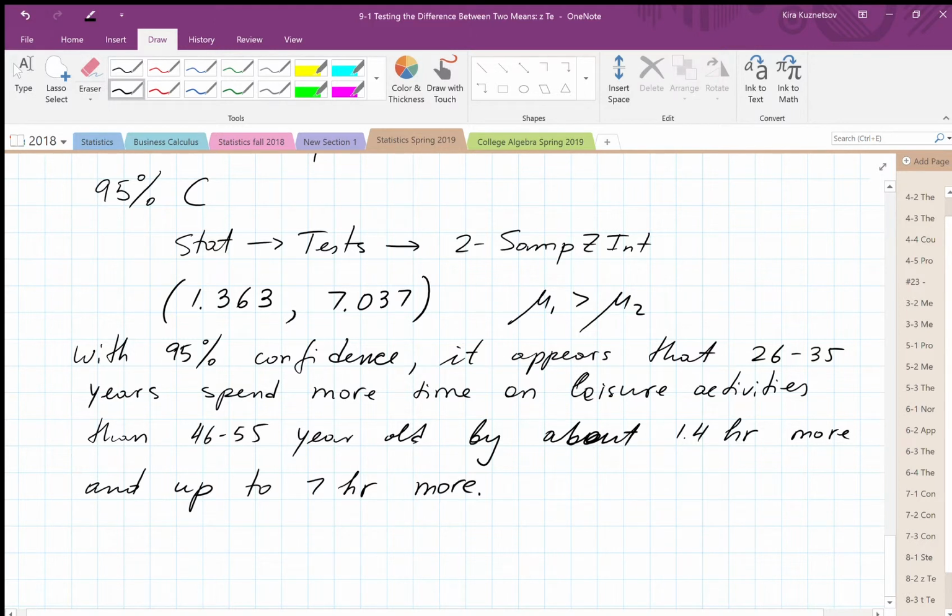Let me read this again to make sure it makes sense. With 95% confidence, it appears that 26 to 35-year-olds spend more time on leisure activities than 46 to 55-year-olds by about 1.4 hours more and up to 7 hours more.